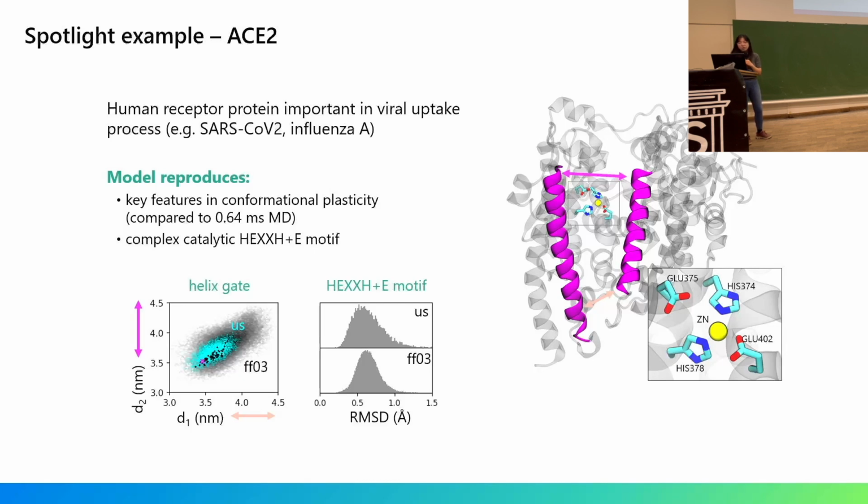First we show that our model can actually sample the opening and closing of these gates, with quite similar behavior to what is observed in the molecular dynamics simulation. Besides, we also want to show that behind the helix gate, this catalytic site has been very well preserved no matter how the conformation changes.